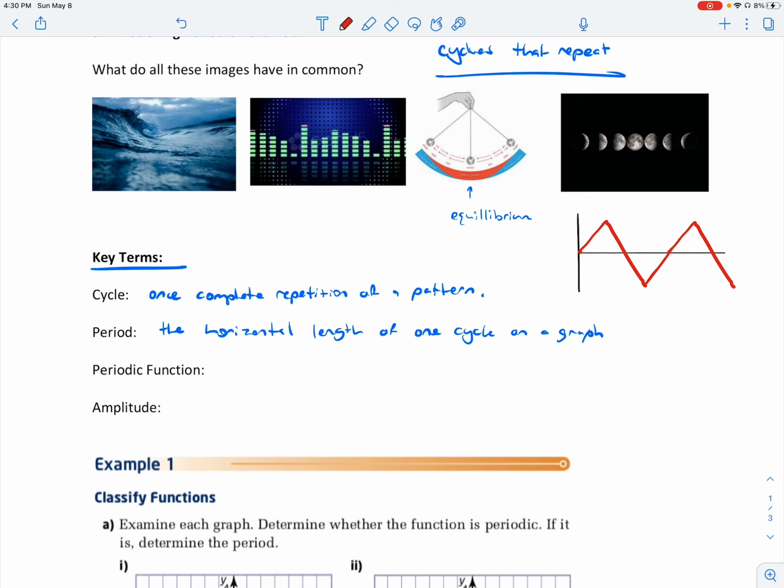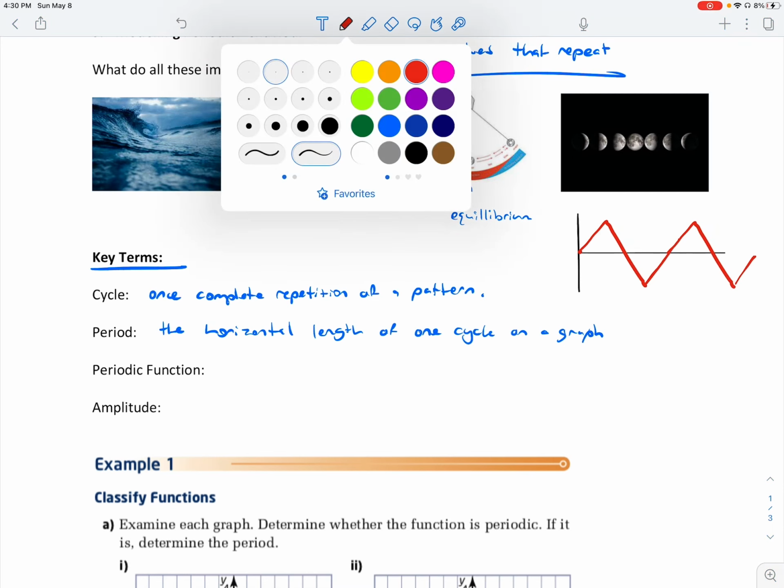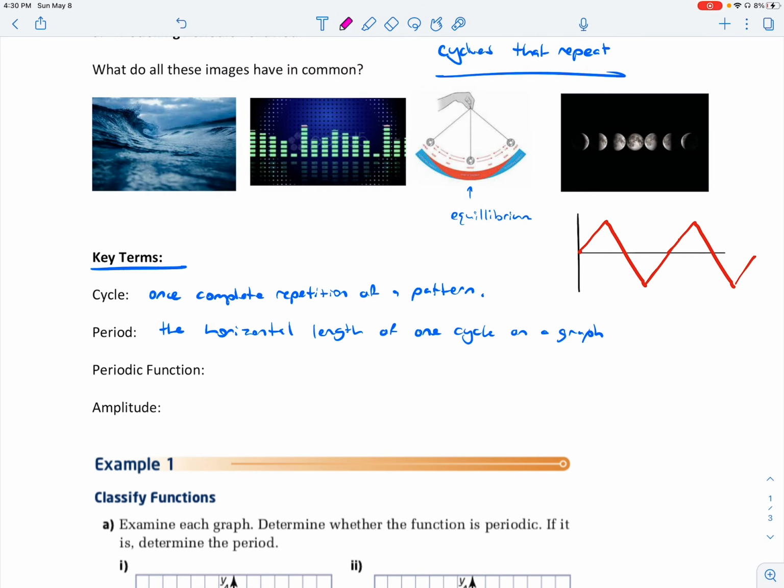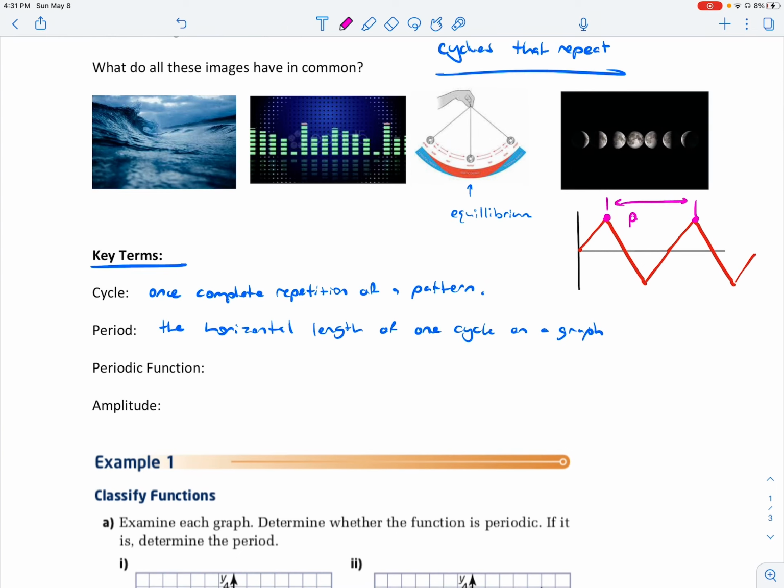Okay, and that could just repeat again. All right. So on the graph, the horizontal distance for one cycle, that would be perhaps from the peak to peak, this distance here. We could call that the period. Okay, the length for one full cycle.